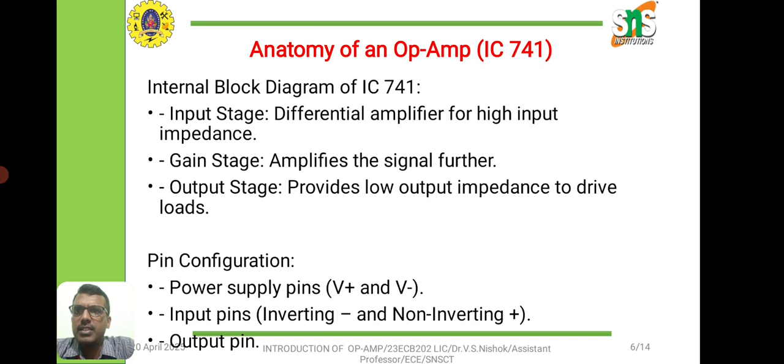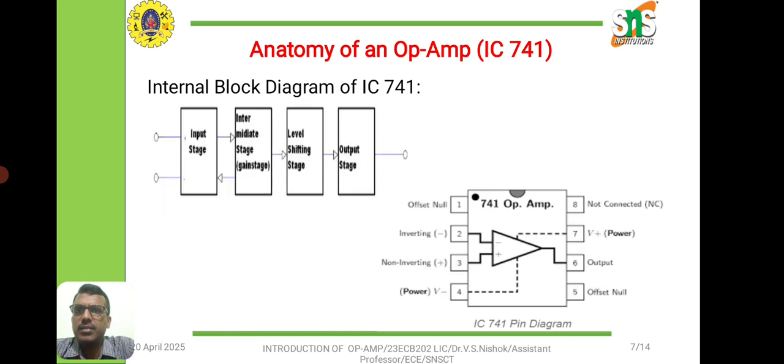Coming to the pin configuration, as discussed in the symbol, we have mainly input pins, an output pin and power supply pins. Here in this diagram we can see the IC741 pin diagram in a dual inline package. Pin number 1 is offset null, pin number 2 is the inverting terminal, pin number 3 is the non-inverting terminal, and pin number 6 is the output.